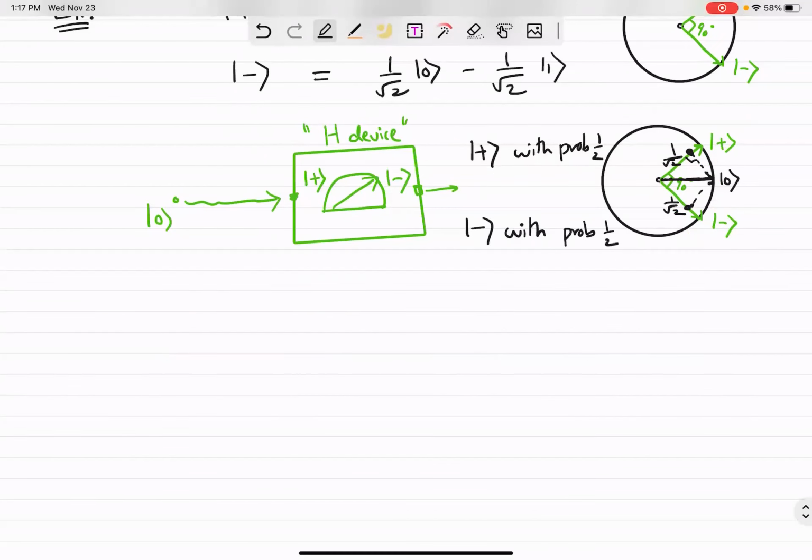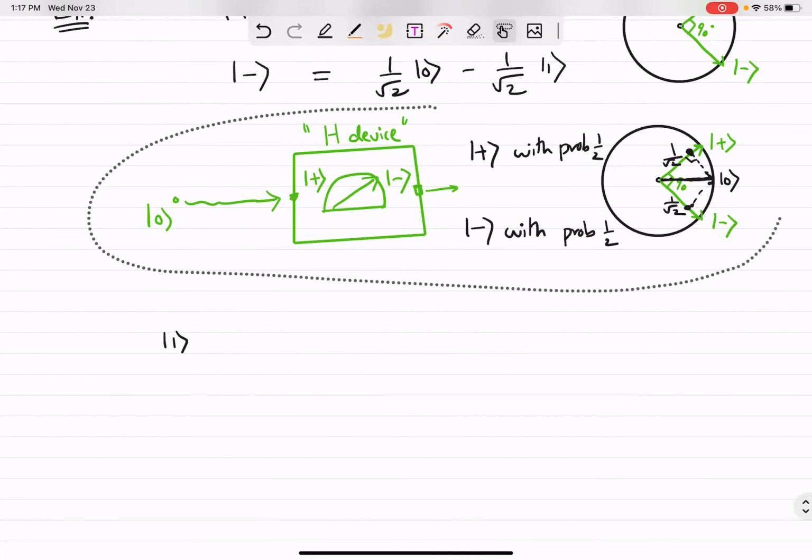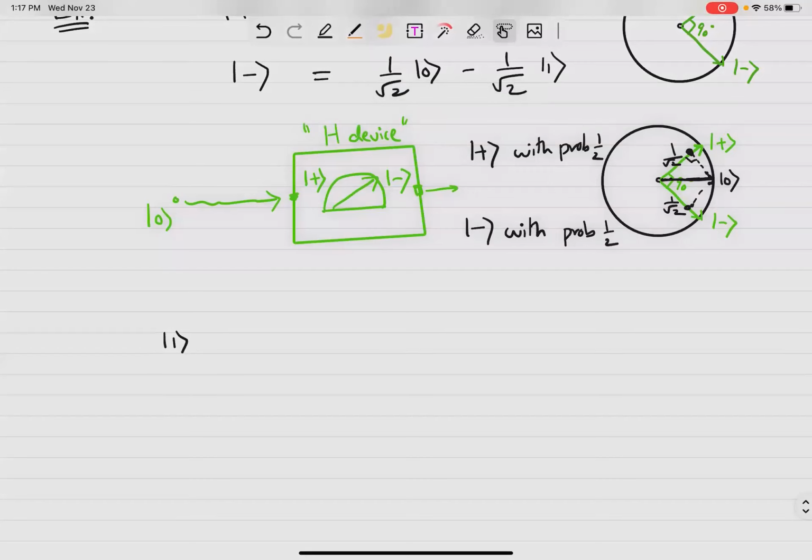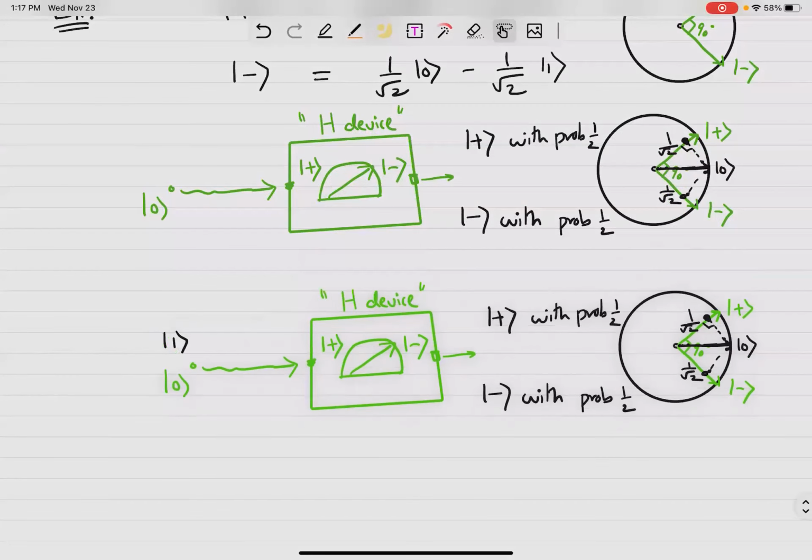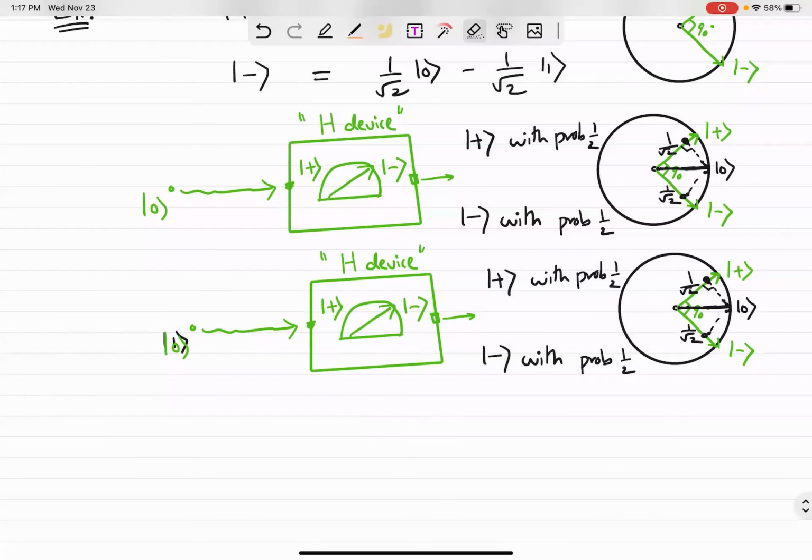And you can do the same thing. What happens if I pass in 1? Well, you have to change what you're projecting. This is your point, you project, and the lengths are not going to change really.